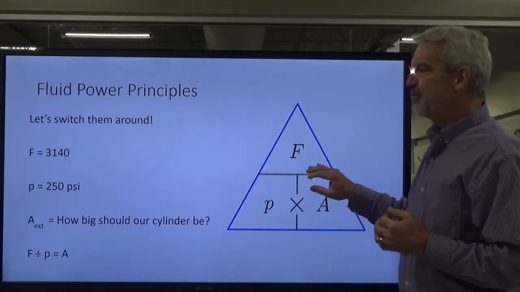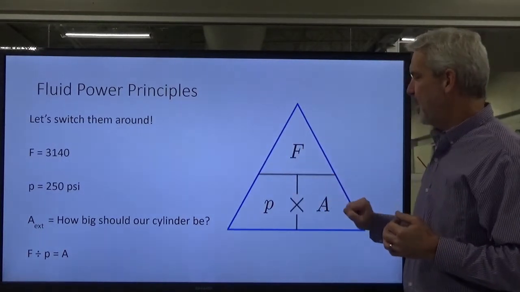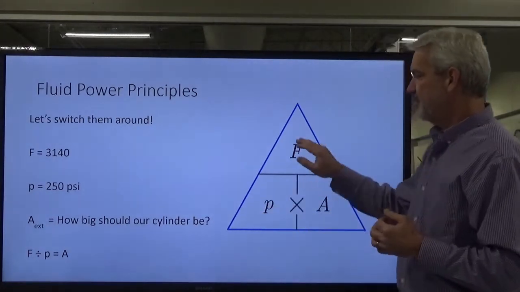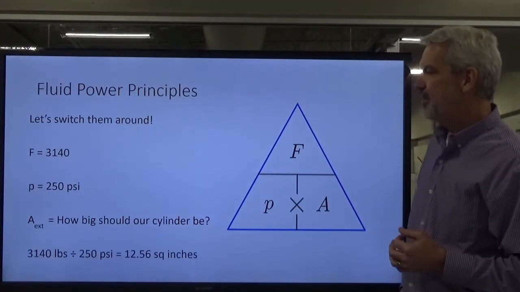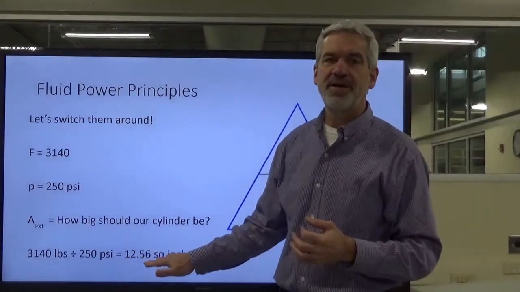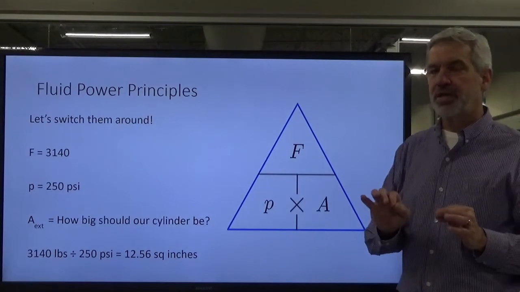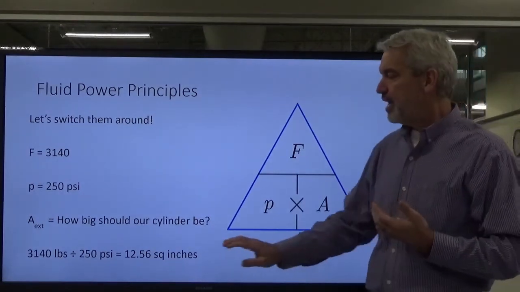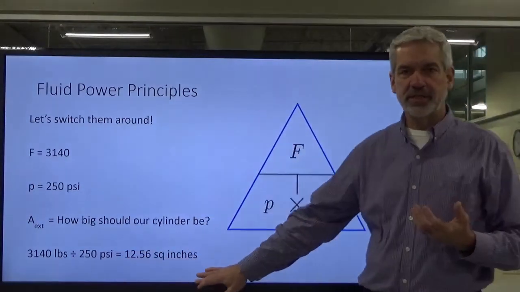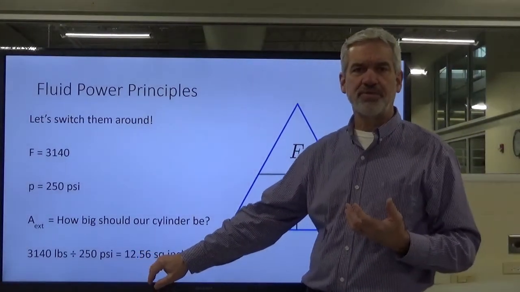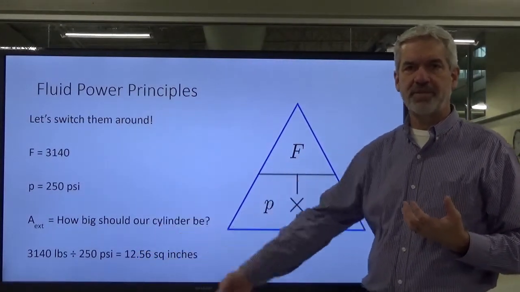We want to try to move 3,140 pounds, and we have 250 pounds of pressure available from our pump. We simply divide the 2, and we wind up with the area of 12.56. So why is that a little bit dicey? Well, this is where it gets a little more complicated. You can't order a cylinder or specify a cylinder based on the square inches of the retract or extend side of the piston.